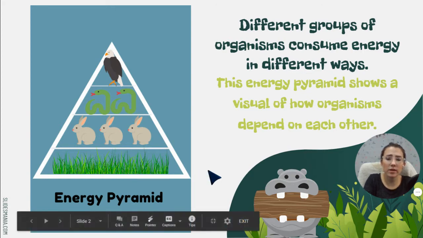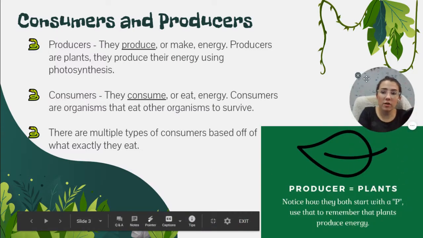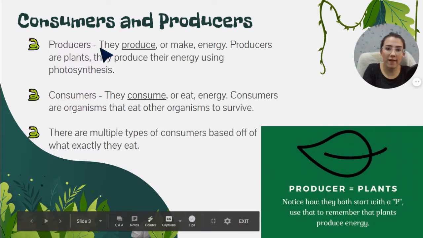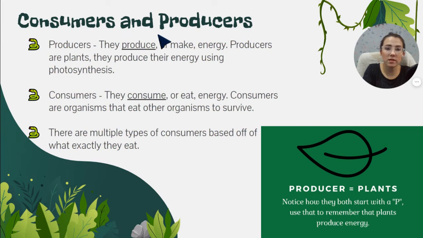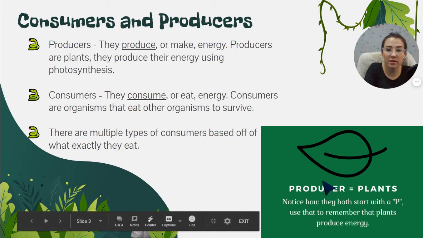So let's keep going. Here we're going to touch on two big vocabulary words, consumers and producers, okay? Producers produce or make energy. Producers are plants, and they produce their energy from photosynthesis, okay? So that's a little reminder down here that a producer is a plant.